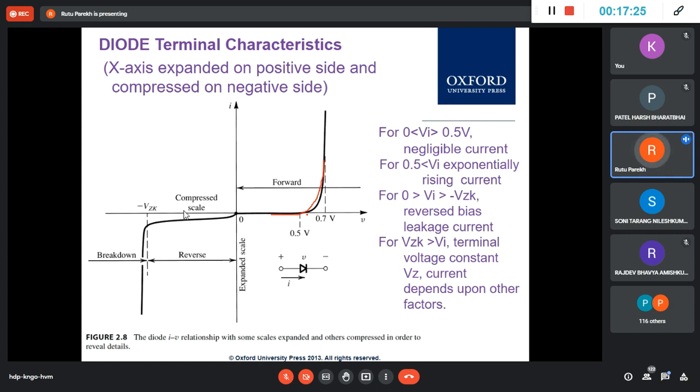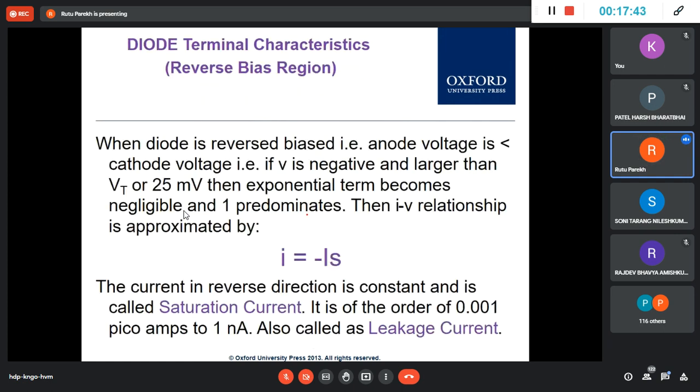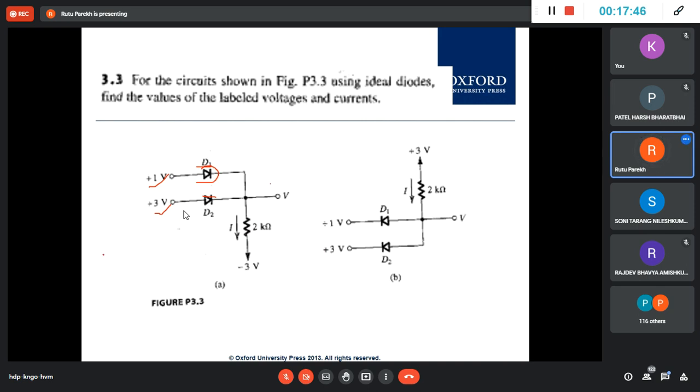You are giving +1 volt and then +3 volt. So the +3 one, in microseconds, or milliseconds, a thousandth part of a second, it will start conducting little earlier because it is getting more voltage. If you talk in terms of IV curve, this will start conducting, in some microseconds little earlier than this guy.